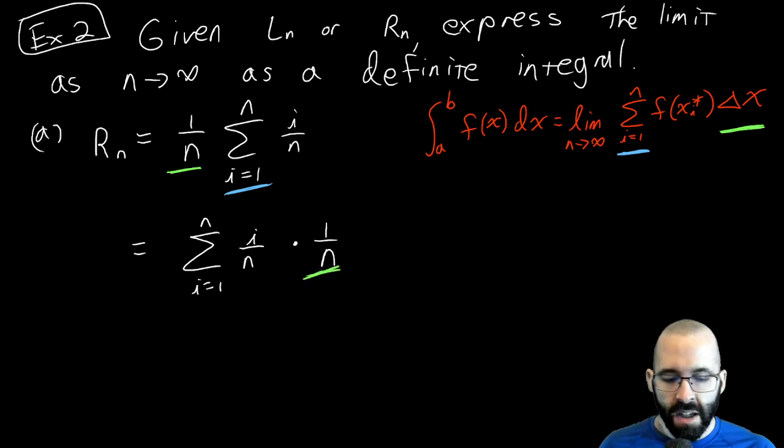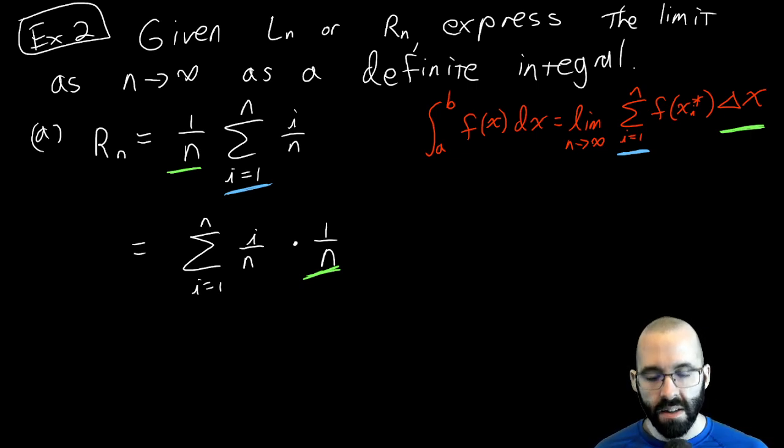And now all of these green underlines mean the same thing. The width of each little rectangle in our little picture is 1 over n. And that's useful. We'll get to why that's useful in the meantime. And now, the blue underlined things are exactly the same.